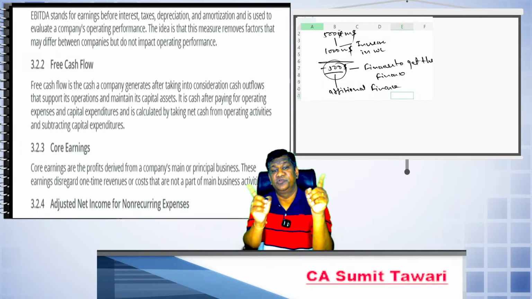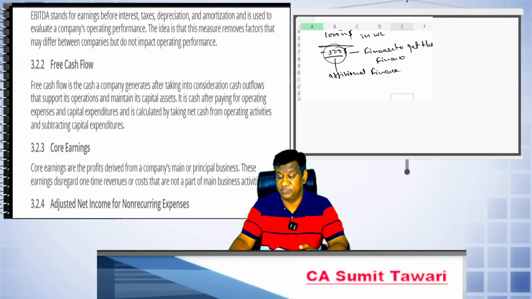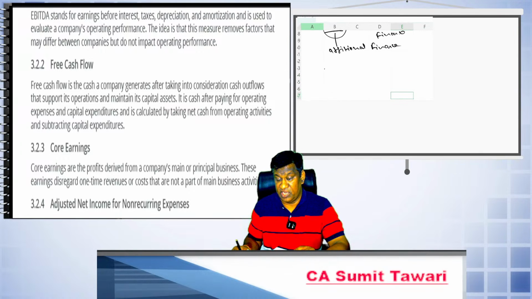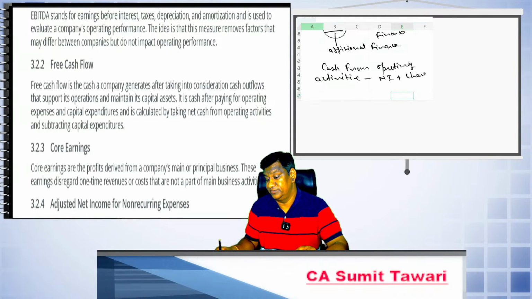So always you need to compare with your free cash flow. Free cash flow is basically cash from operating activities, which covers both net income plus changes in working capital.